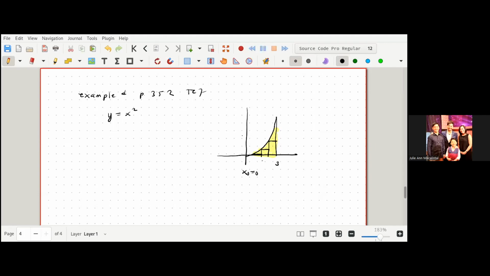So, x0 is equal to 0. x1 is equal to 3 over 3. x2 is equal to 3 divided by 3 times 2.